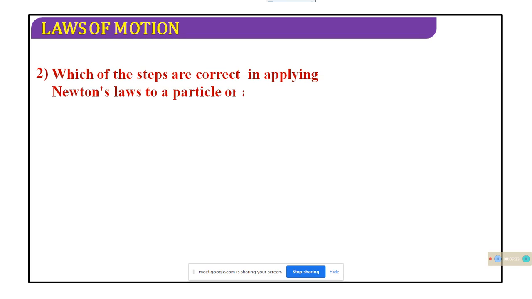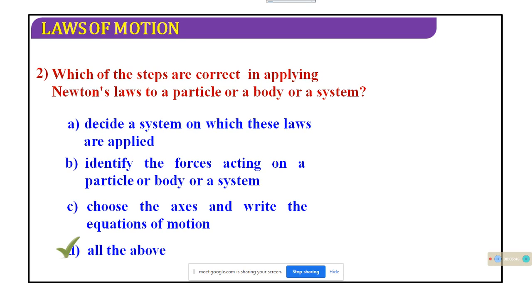Which of the steps are correct in applying Newton's law to a particle, a body or a system? All of these: decide the system on which the law is applied, identify the forces acting on the particle, body or system, and choose the axis and write the equation of motion.